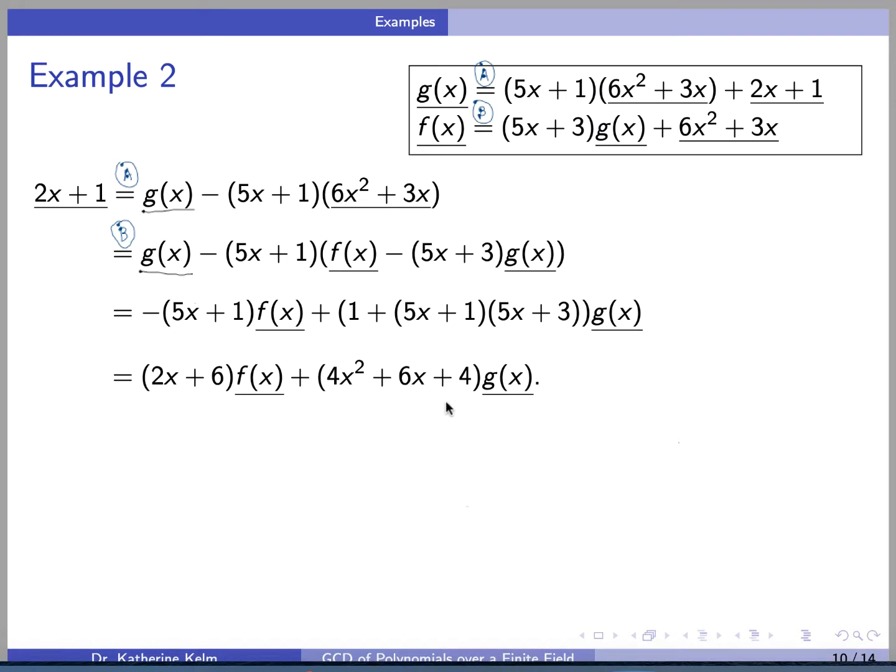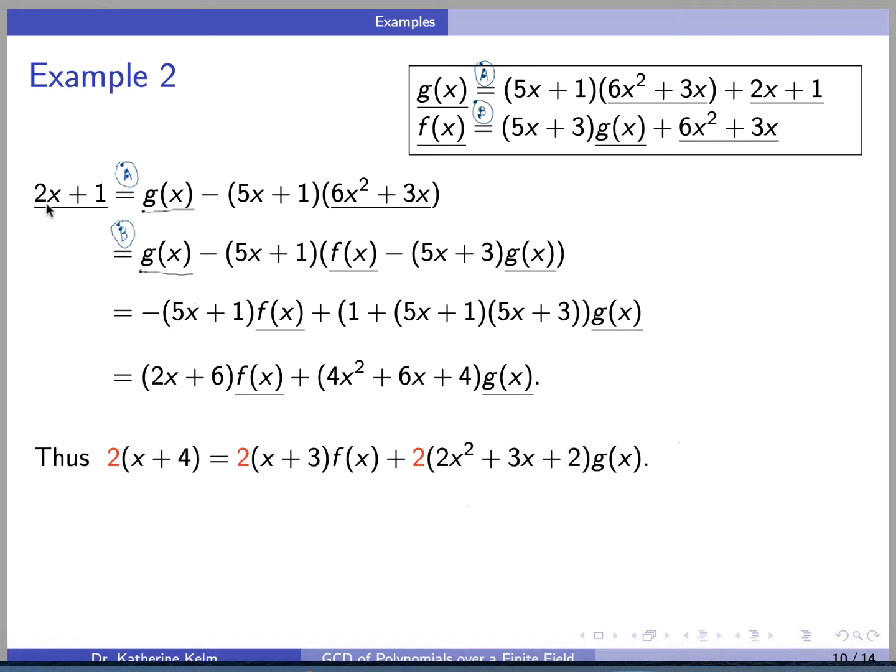Now we're not quite done with our task because the task is to express the GCD of f of x and g of x as a linear combination of f of x and g of x. So our final step is to factor out a 2. We've already seen that 2x plus 1 is equal to 2 times x plus 4. 2x plus 6 is equal to 2 times the quantity x plus 3.